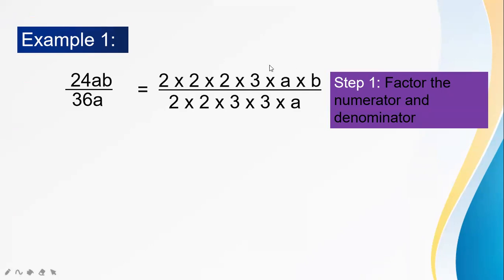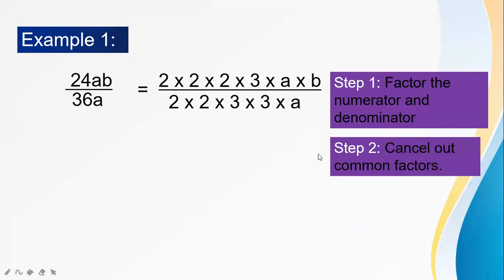Factors of 24ab, we have 2 times 2 times 2 times 3, that is 24, and then ab, that will be a times b. Then 36 factors, we have 2 times 2 times 3 times 3, that is 36, times a.